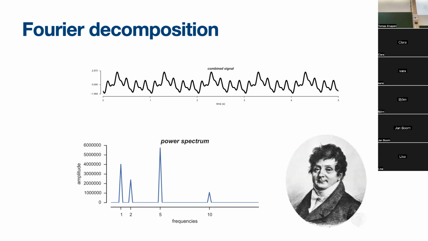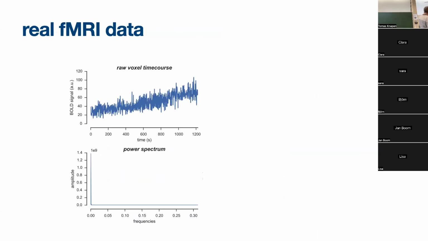Spectrum, like sounds, right? Low sounds, high sounds, same thing. Sound is also just a time varying pressure level of air. And if we look at our fMRI data and we have a slow drift like that, it just means that these first few frequencies have a lot of power. Just a very slow sine wave is what you would need to capture that slow drift.